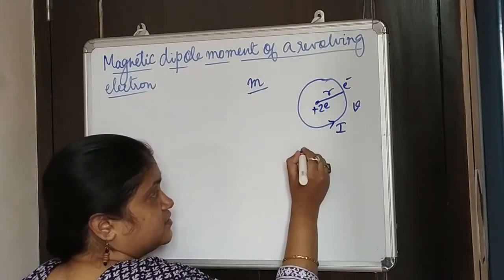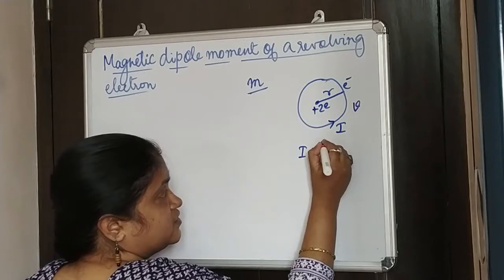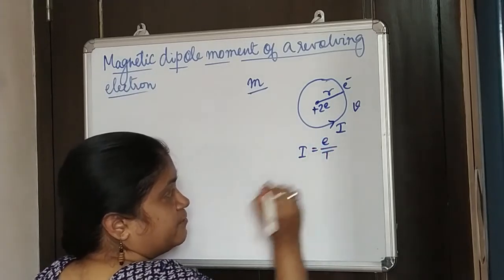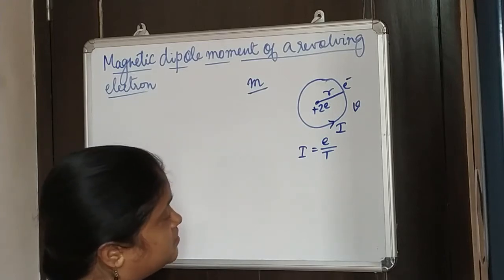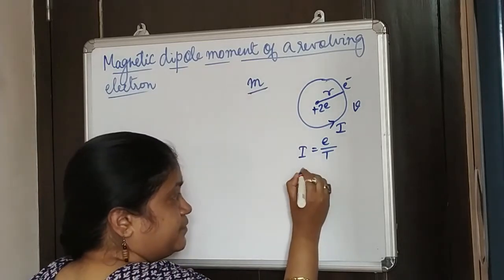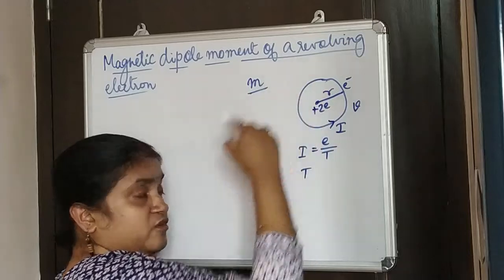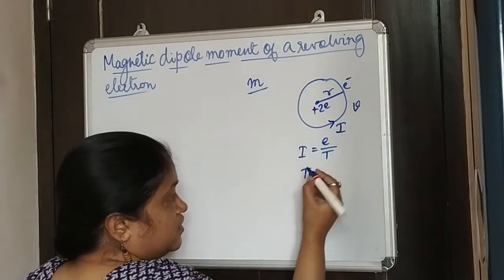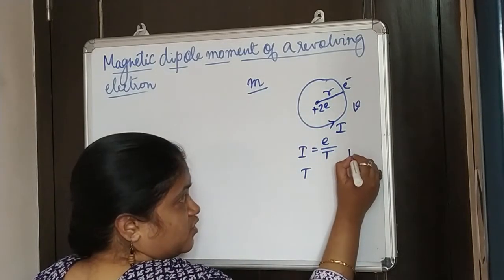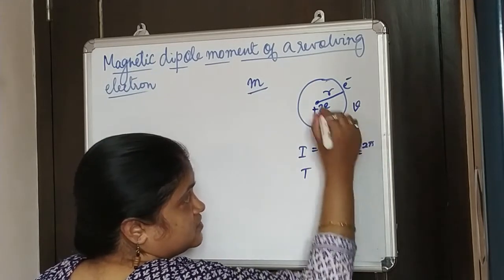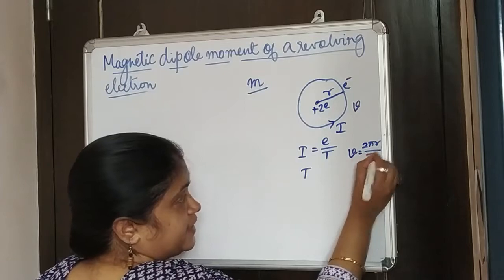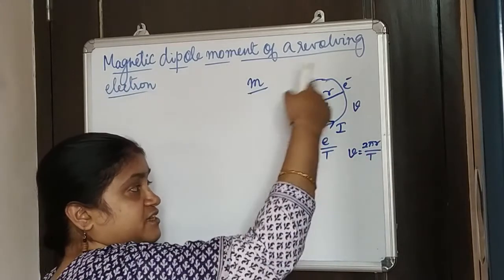So this current I is nothing but charge by time, and this time is nothing but the time period of this revolution. As we know, the velocity here will be 2 pi r, with this radius r, divided by the time period. With this velocity they would move.